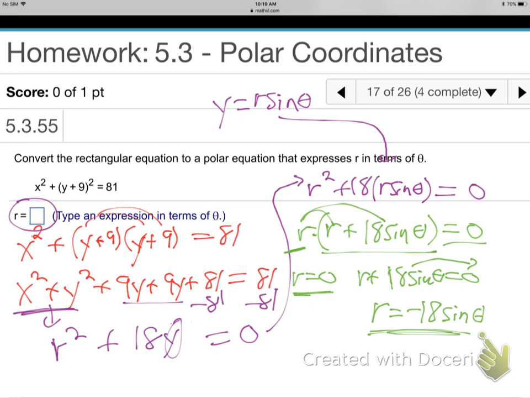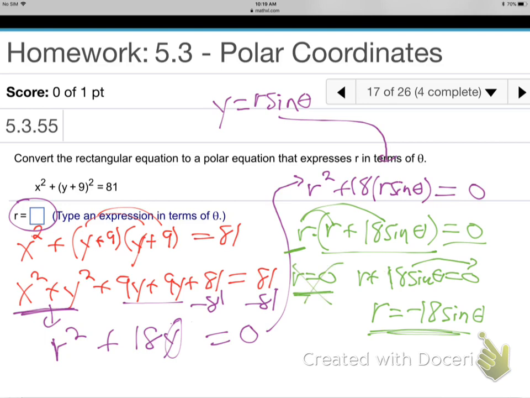R is 0, and r is minus 18 sine theta. Good so far? Right? Because again, two things are timesing to be 0. The first one could be 0, and that would make this true. Or the second one could be 0, and it would be true. It means r could be 0, or r could be negative 18 sine theta.